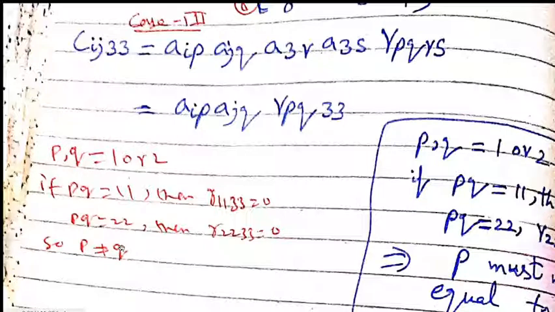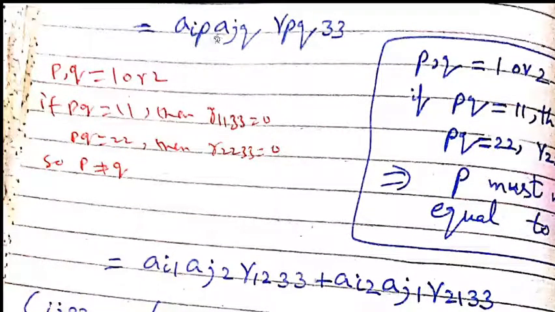So we are left only with P not equal to Q. P1 and Q2, P2 and Q1, and we have seen that if they are 3, then they are 0 due to the transformation matrix, and if this is the case, then the terms are 0 due to these components. This is the short way to write. You have open choice. You can open the summation on P and Q and find the components, but this is a short way.